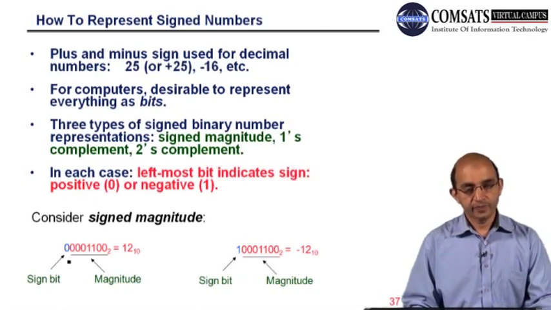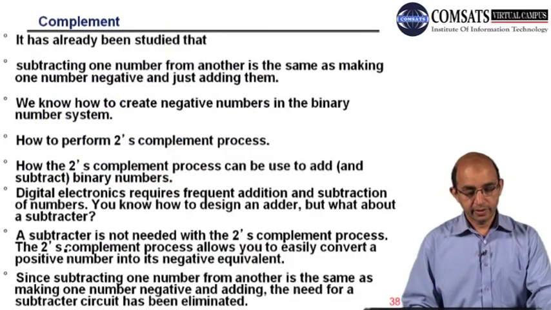If we have a 0 here, it indicates that we have a positive number, right? So you can see that we have 12, right? 8 plus 4, 12, and this bit indicates the sign is negative, right? Here this is again 12, but we have 0 here, so it means we have the positive number, right?